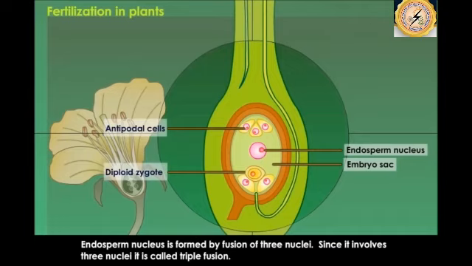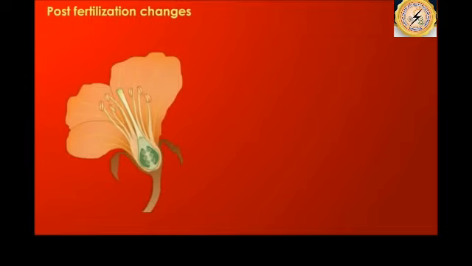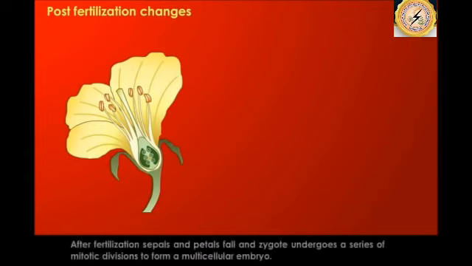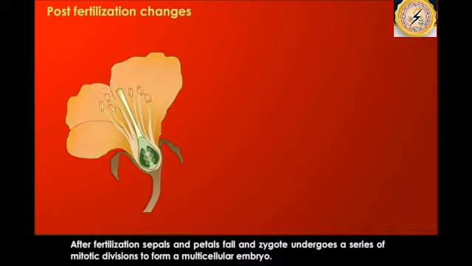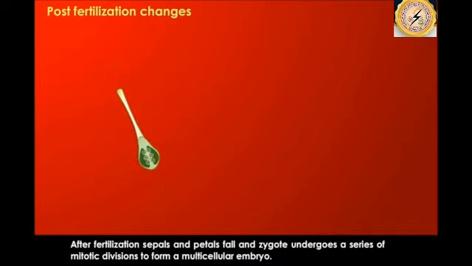Now let us see what happens after the fertilization, that is the post-fertilization events. So when we observe the post-fertilization changes, the sepals and the petals fall and the zygote undergoes a series of mitotic divisions to form a multicellular embryo.